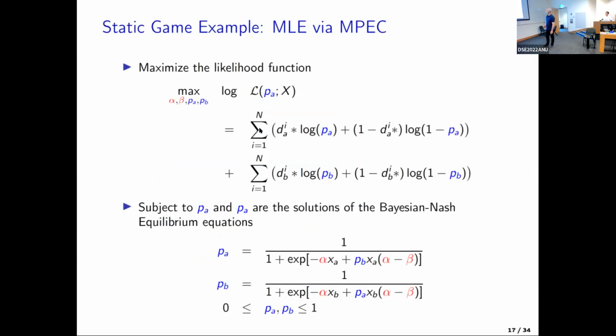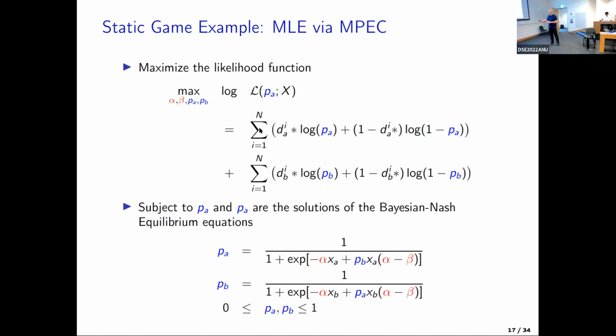Okay, so we can also do mathematical programming with equilibrium constraints, the constrained optimization approach. And so here's another way of maximizing the likelihood. Remember, when we did the Harold Zurcher problem with NFXP, we would not only maximize the likelihood function with respect to the structural parameters, but also with respect to the discretized solution, the expected value function. So we're going to do the same thing here. Now the solution is P_A and P_B, the two investment probabilities. So we have more variables in our constrained optimization problem.